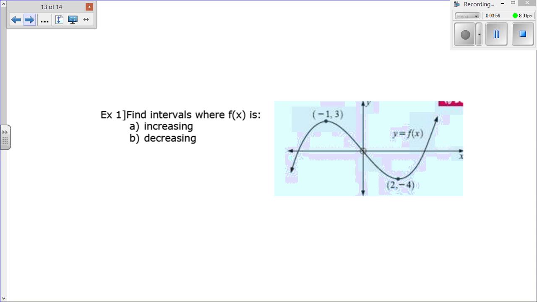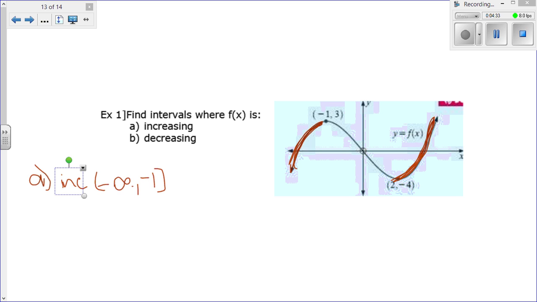All right, find the intervals where f of x is increasing and decreasing. So just by looking at the function, my function is increasing from here to here, and again from here to here. So that's where my function is increasing. It's increasing from negative infinity to negative 1.